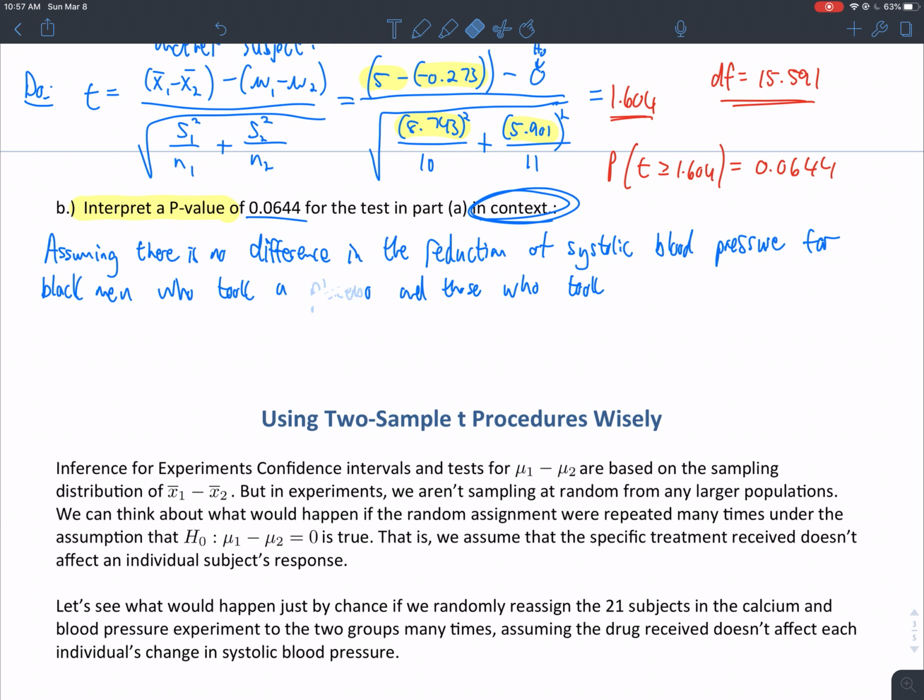Actually, we should switch that, keep it in the same order, sorry.